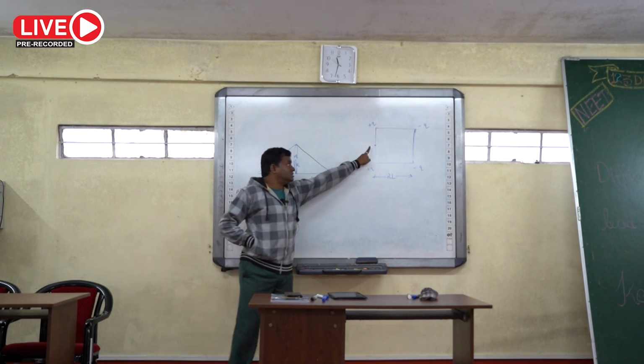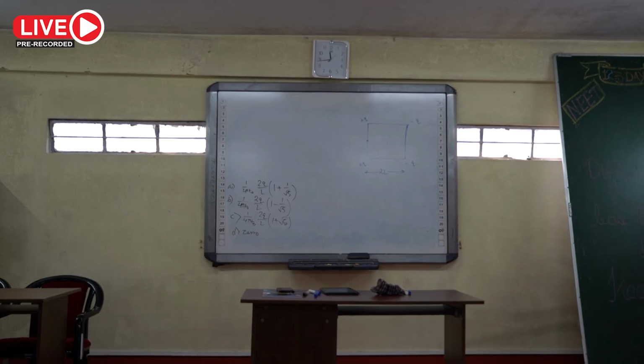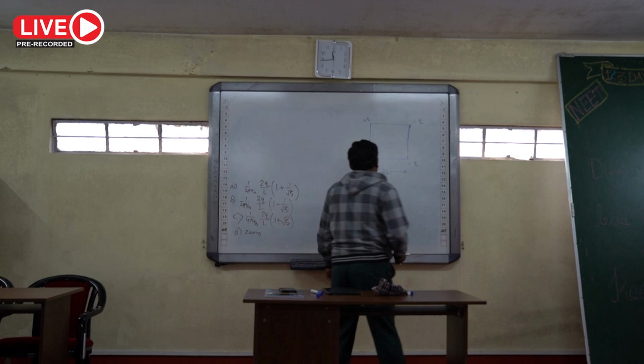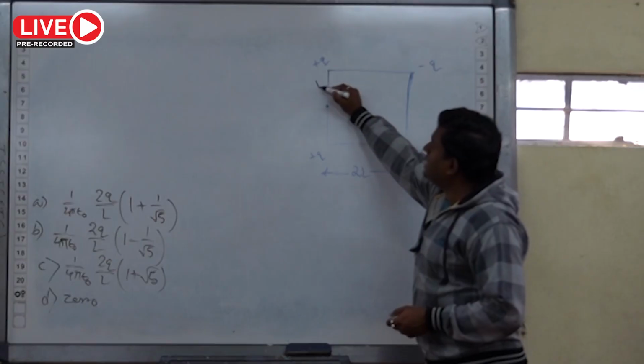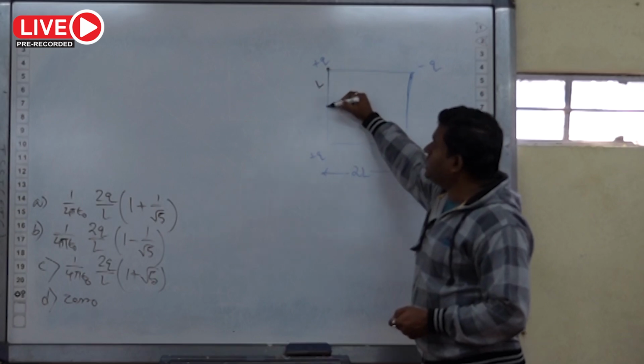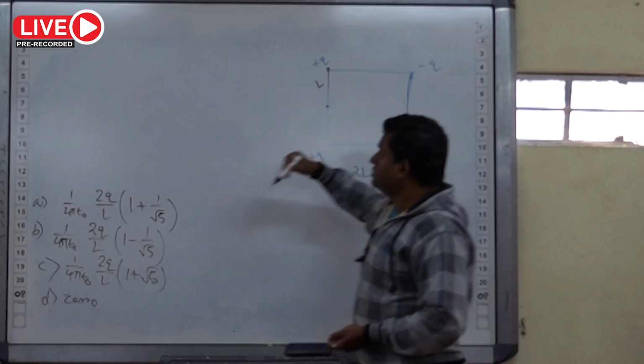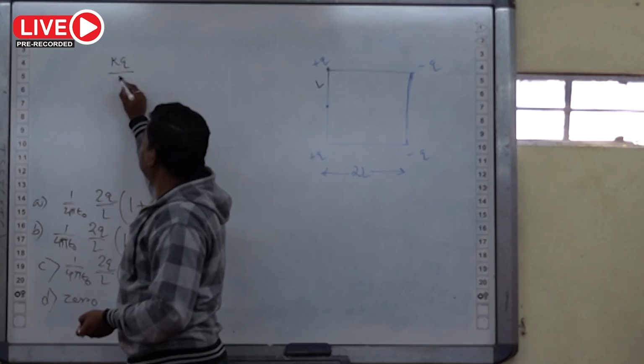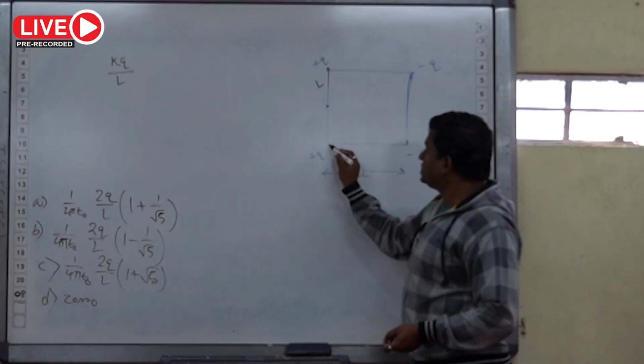Potential at that point. See, this distance is L. So for this charge, potential at this point will be KQ by L. So for the first charge I write potential at that point will be KQ by L. There is one more charge here.